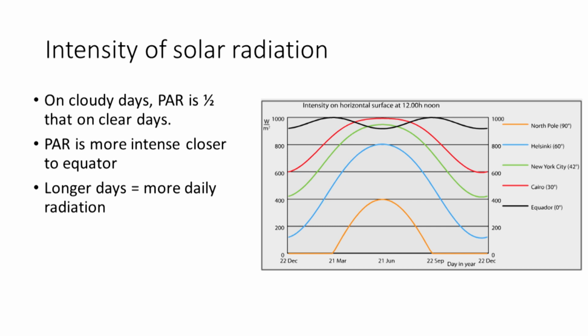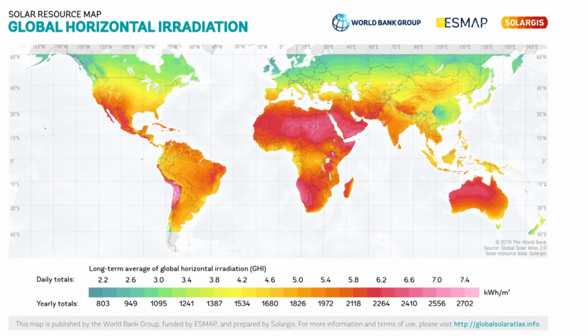And you can see it varies quite a bit throughout the year, but also on a given day of the year, it'll vary quite a bit across latitudes. Here's a map that shows daily and yearly irradiance across the globe, and just have a look at Canada and see what color that is compared to, say, the southern United States or many parts of sub-Saharan Africa.